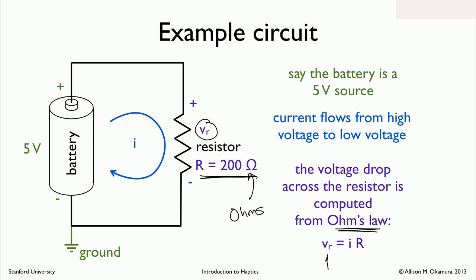And that is that the voltage drop across the resistor equals the current going through the resistor times the value of the resistance. And for this to work out, that is, this voltage is in volts, this current is in amps, and this resistance is in ohms, you need to have the units that I just specified. So let's walk through how you would actually figure out what the voltage drop across the resistor would be, or actually what the current through the resistor would be. You can do both now.